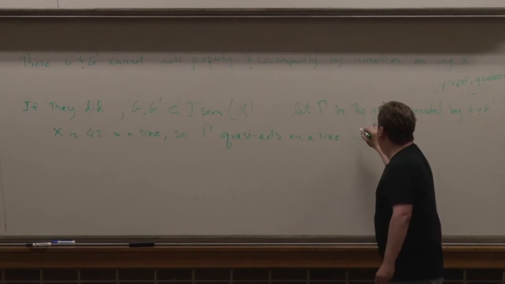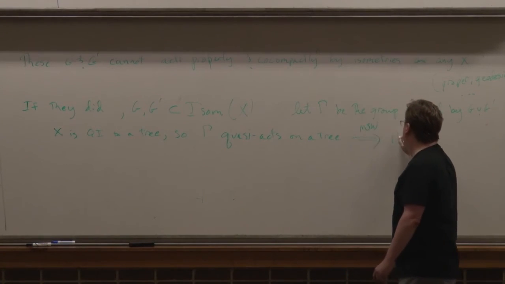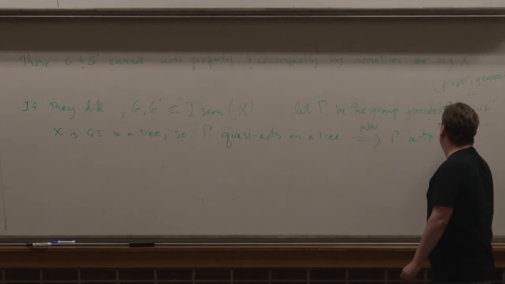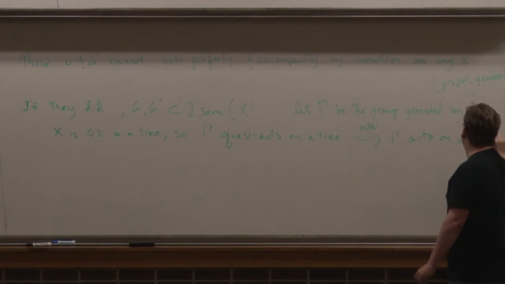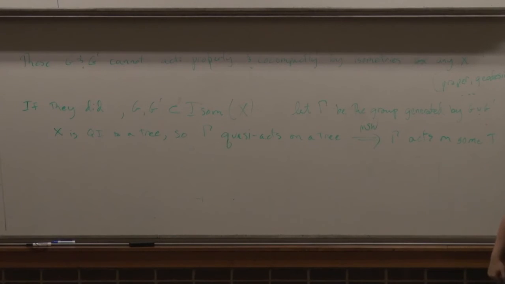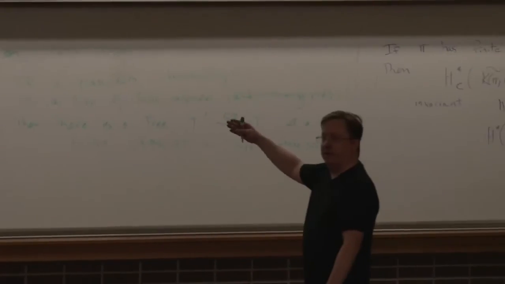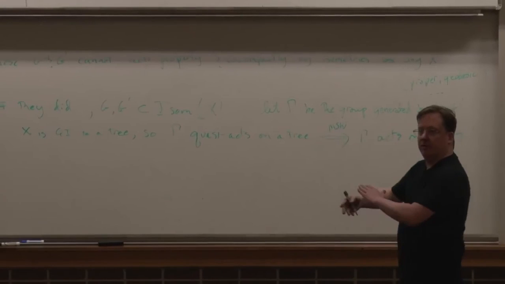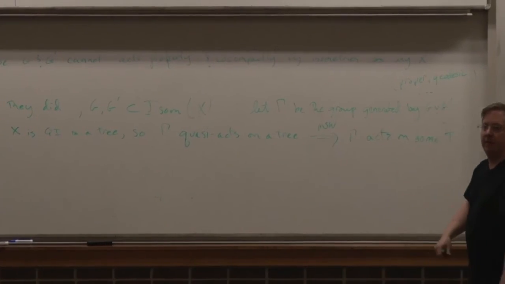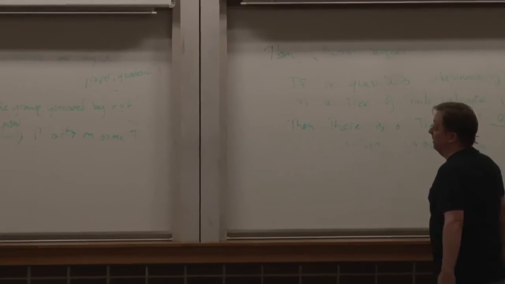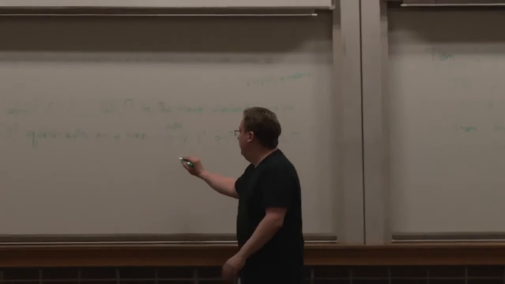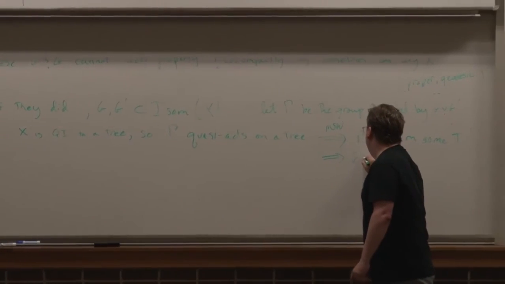And then this theorem over here would tell you that this mystery group gamma actually acts on some tree again. It's a group quasi-acting on a tree, so it would act. It's not a proper action, of course. It's presumably some crazily dense thing, but it's still going to act. And of course, this would have G and G prime.